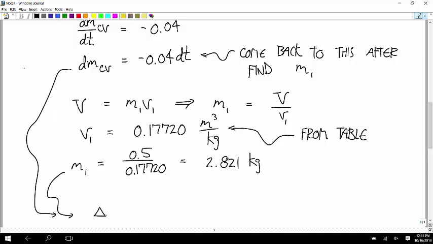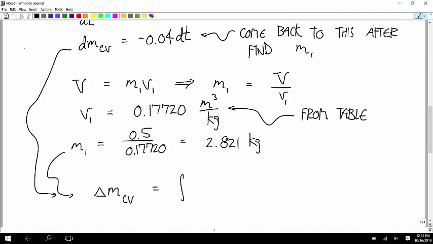So we'll get that the change in mass in the control volume, that's what you get when you integrate this over the boundaries, is equal to the integral from time 0 to time t of negative 0.04 d tau, and so you get negative 0.04 t is equal to the change in mass.